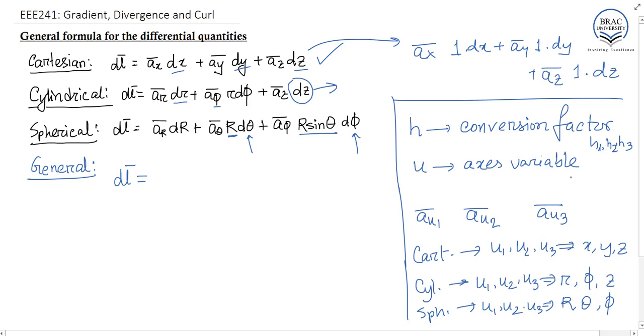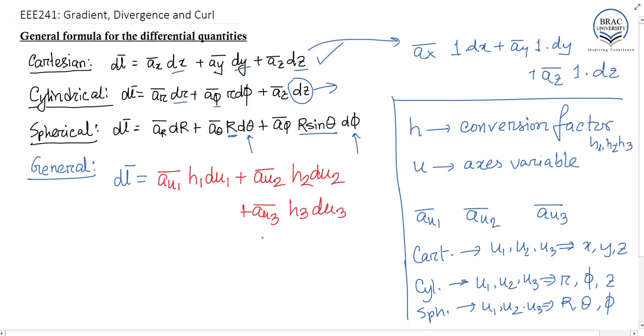If we look at the differential length vectors in the three coordinate systems that we discussed, they all follow a general format, right? This general format looks like this: a u1, the conversion factor associated with the first variable, h1 du1, a u2 h2 du2, and a u3 h3 du3.